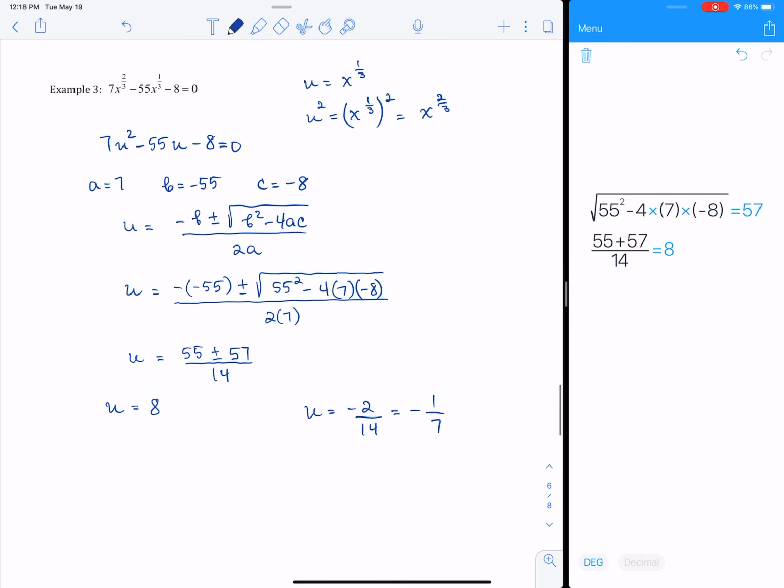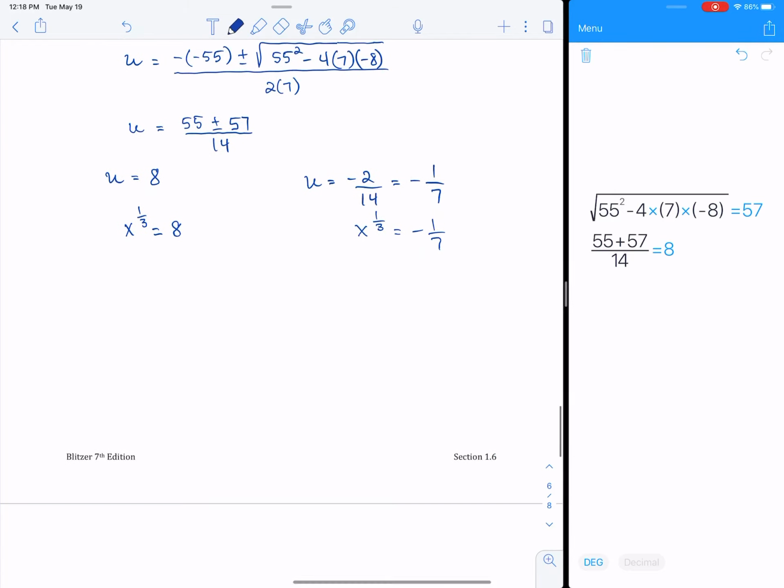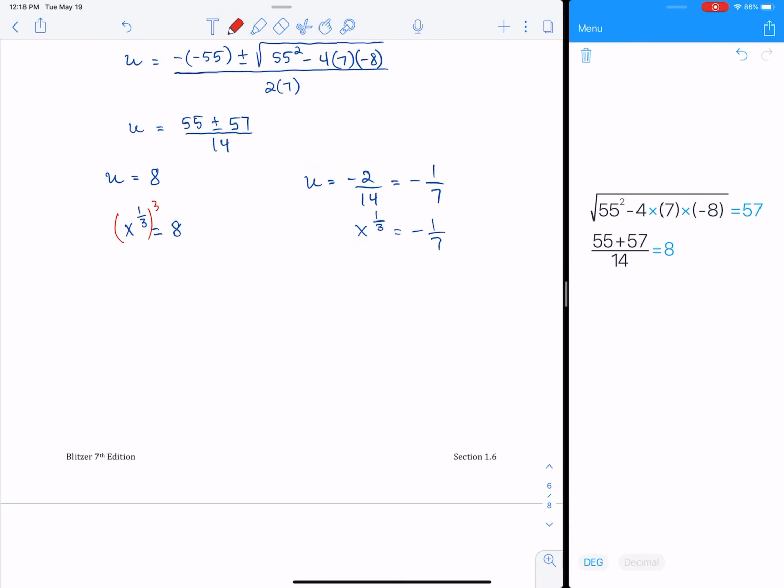Now I need to know what is x powered by 1/3. X powered by 1/3 is equal to these numbers. Again, power both sides of each equation by 3 to find the value for x.